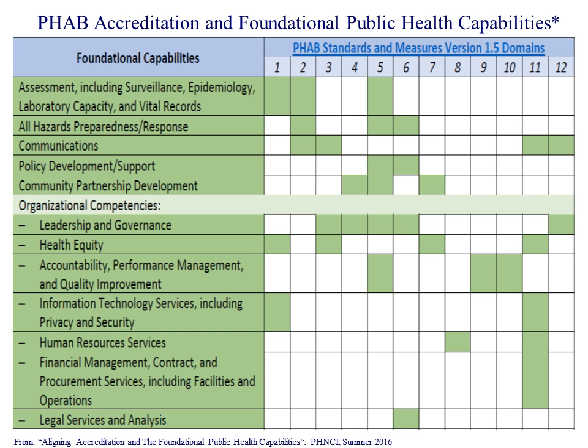There are a substantial number of measures devoted to health equity, and assessing what strategies agencies use to achieve health equity. And obviously, given that PHAB is rooted in continuous quality improvement, it shouldn't come as any surprise that a number of standards and measures dovetail nicely with the accountability, performance management, and quality improvement domain.